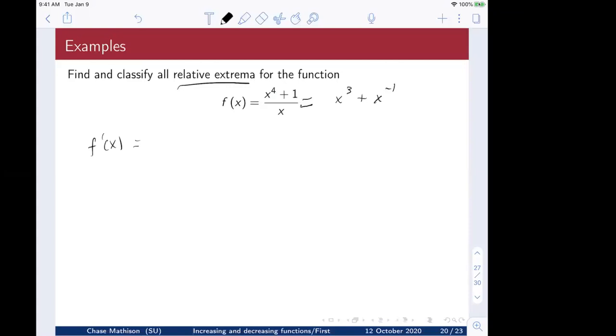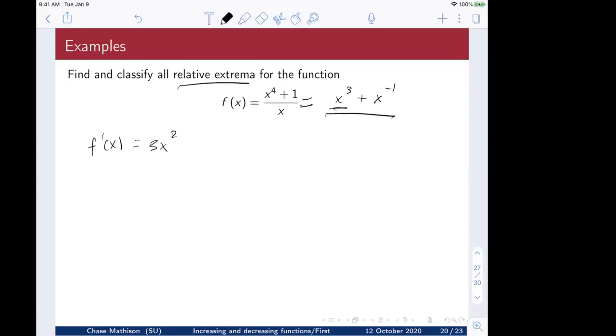So if I differentiate this, then what am I going to get from the derivative of x cubed? The derivative of x to the third is what? 3x squared. 3x squared.